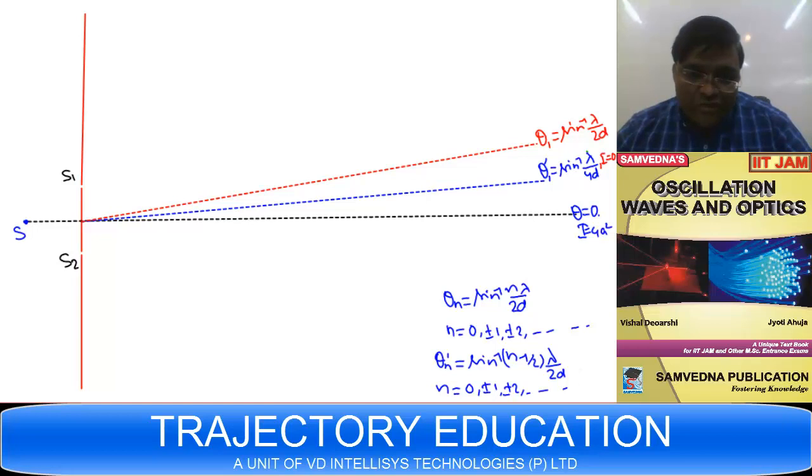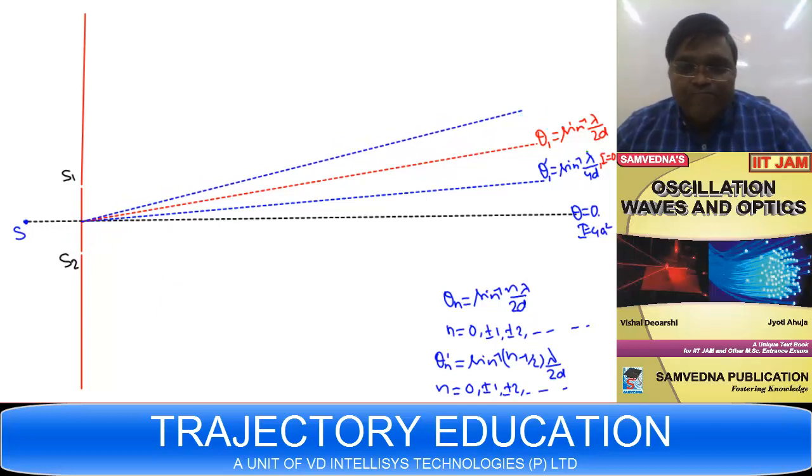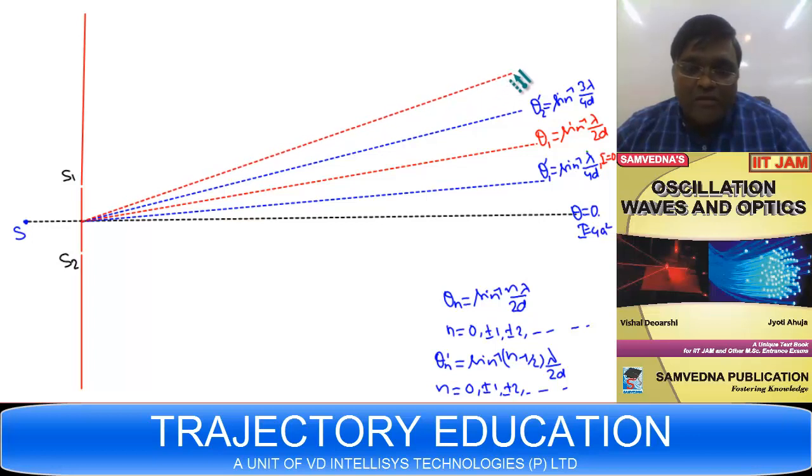Then you have a minima represented by the blue line. So this can be, say, minima. This is theta 2 dash, which is sine inverse 3 lambda by 4d. You have intensity 0. The intensity is 0 over here. Now again, you have the points of maxima.